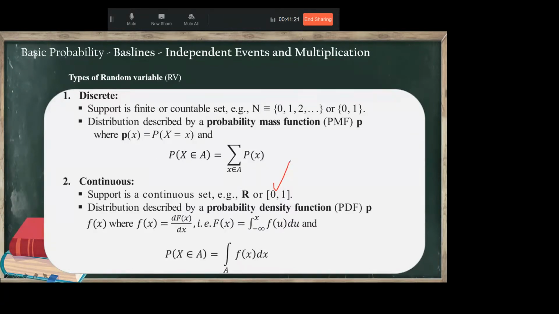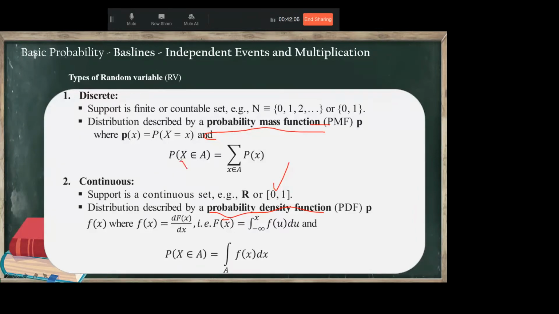But remember that whenever we are talking about probability mass function or probability density function, even if it's a discrete or a continuous random variable, we have 3 properties which should be fulfilled. We'll talk about the properties later on. But this is the way mathematically we can see the distribution described by probability density function, f of x.